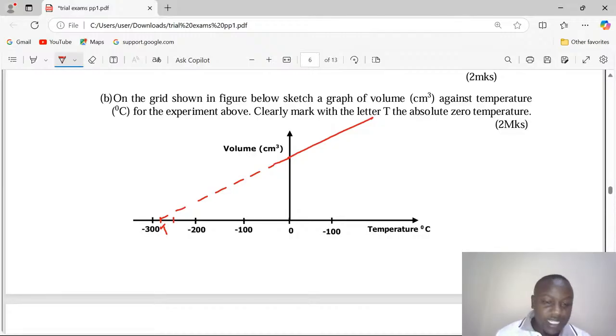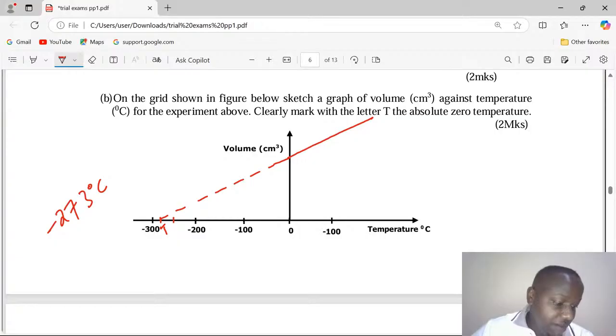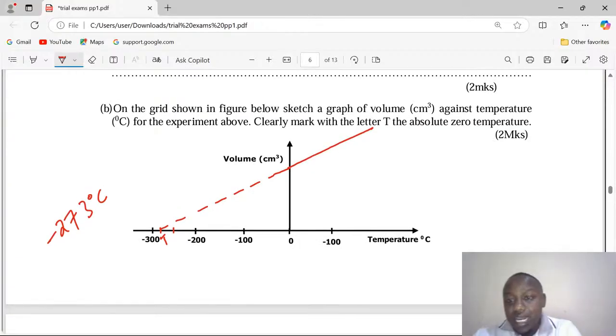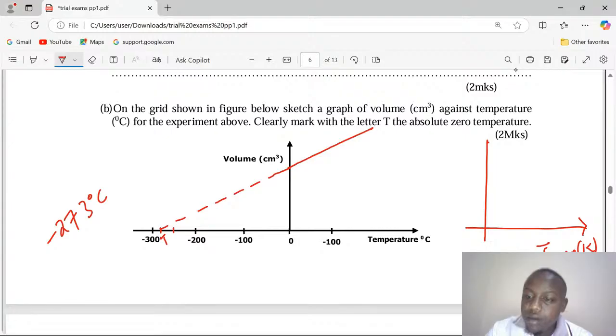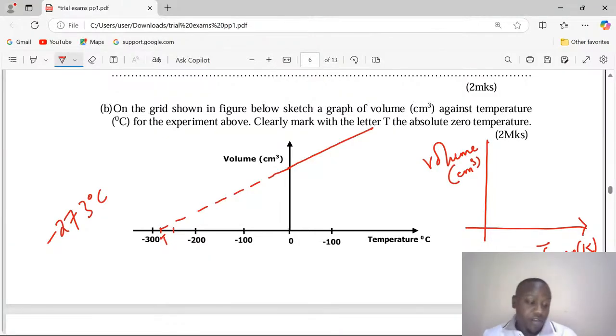So the absolute temperature is negative 273 degrees Celsius. This graph will also be evaluated using the Kelvin scale, whereby you'll be given the axes like this. Then you are told this is temperature in Kelvin, and this is volume in cubic centimeters. Then you draw the graph.